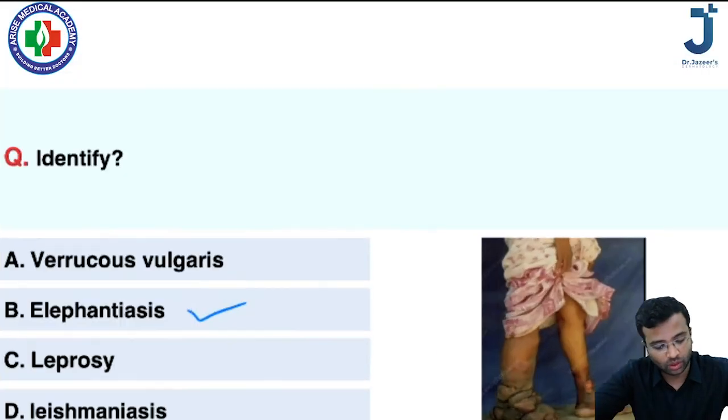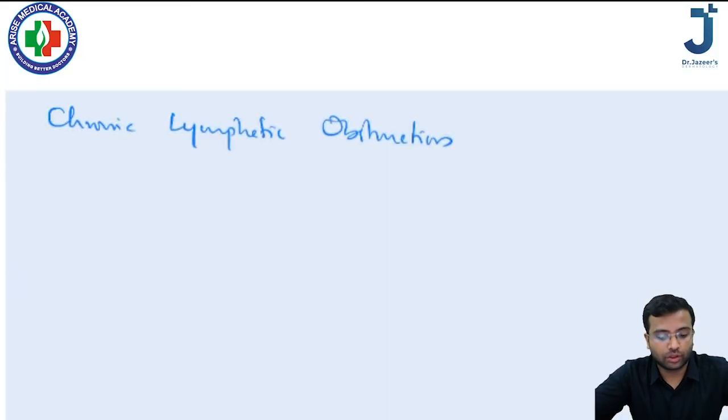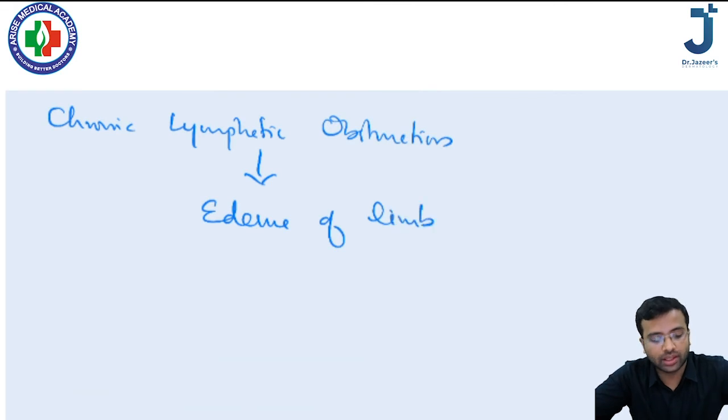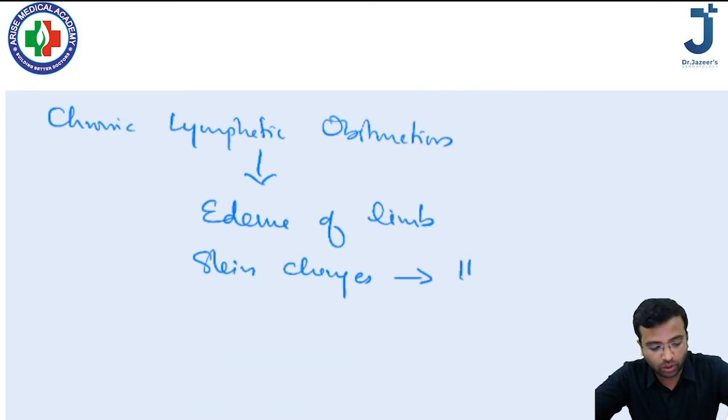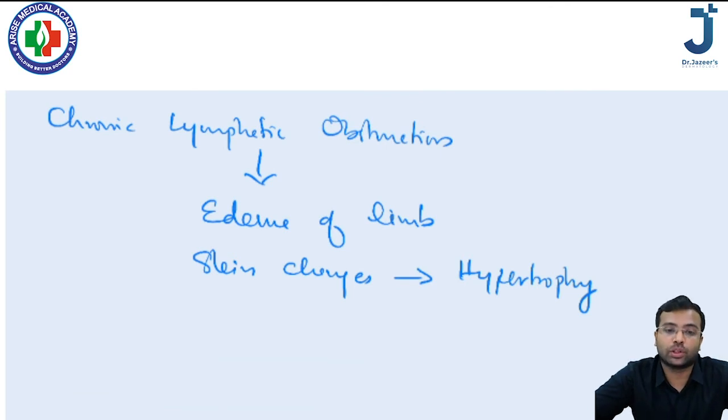So dermatologically what is important is that, due to the chronic lymphatic obstruction, the patient is already having an edema of the lower limb and there are going to be some skin changes. In the skin changes you would be able to see hypertrophy of the skin.